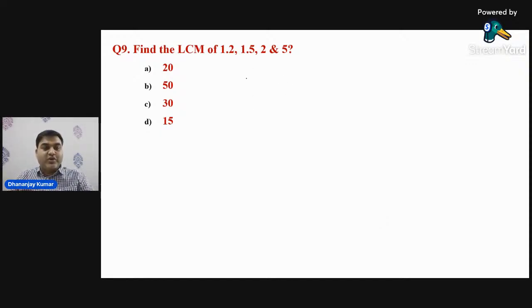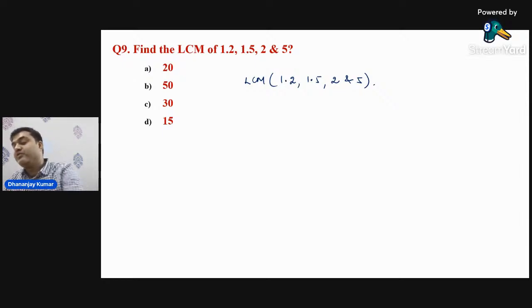We want to find the LCM of 1.2, 1.5, 2, and 5. Suppose we have to find the LCM of these four numbers.